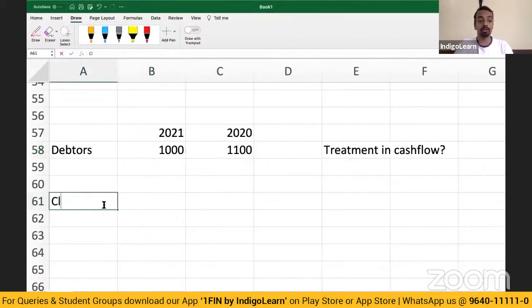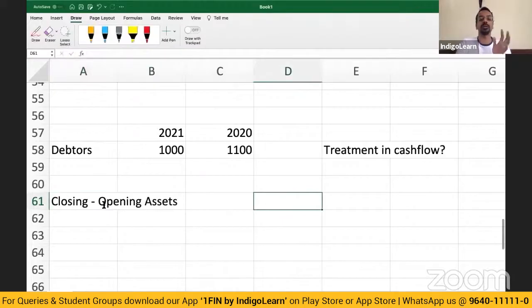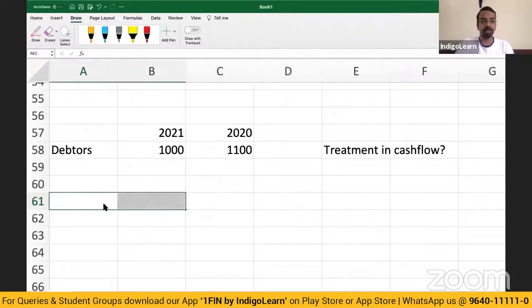So what you do is closing minus opening for assets. Okay, or I'll put it differently, that will be easier for us to understand: opening minus closing for assets.